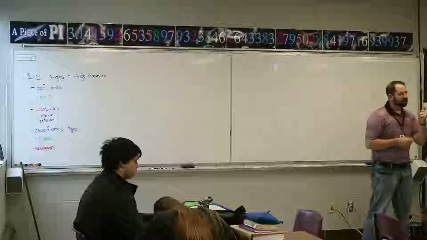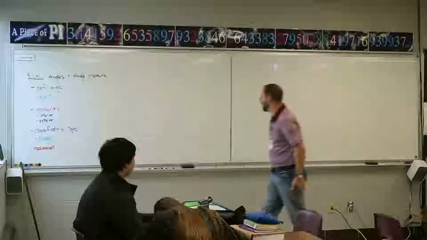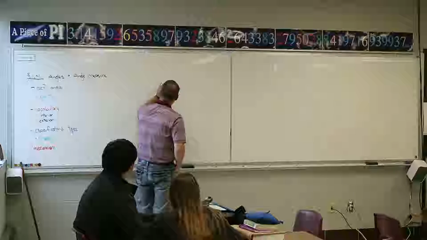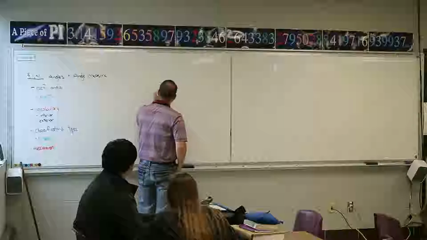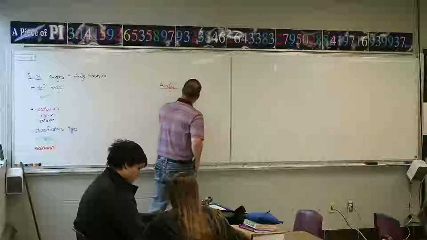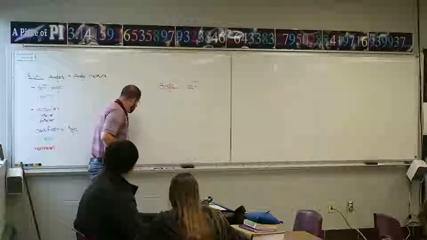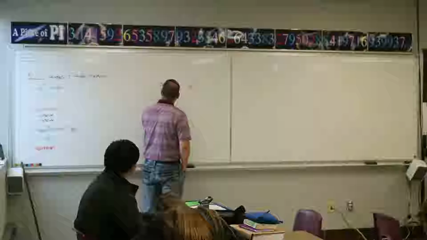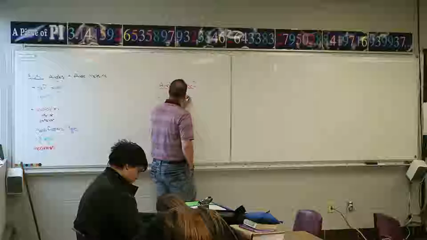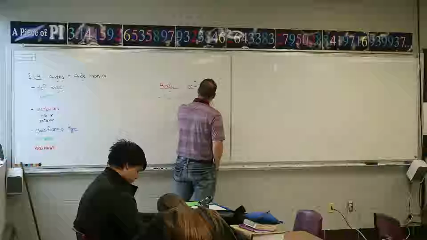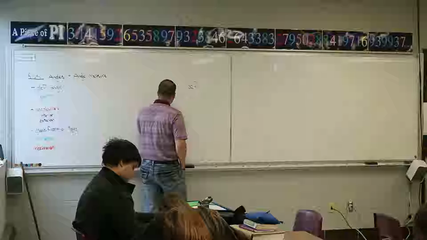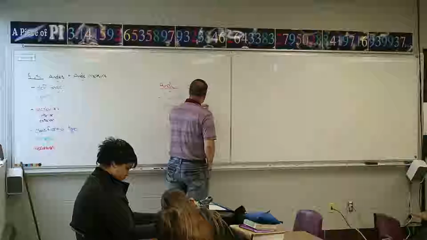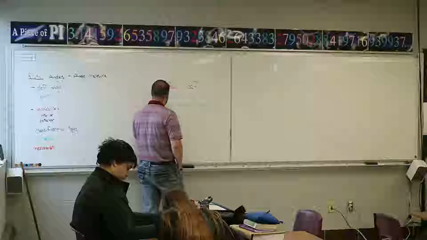But the first thing we have to do is get through our definition. Let's talk about what an angle is. We'll talk about the parts. All right, angle, let's go through the definition. An angle is formed by two rays that share a common endpoint.